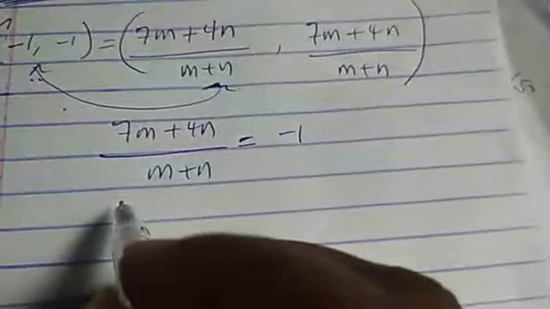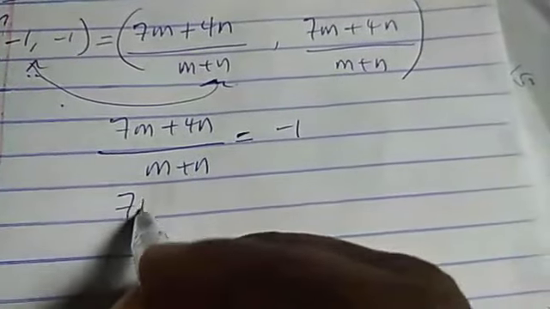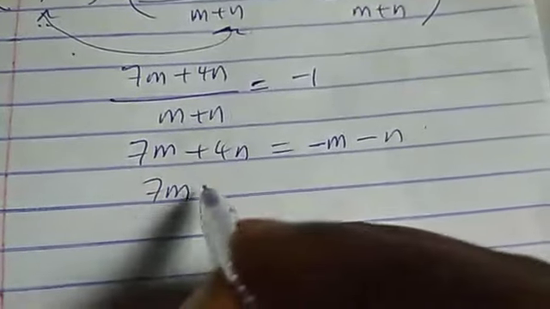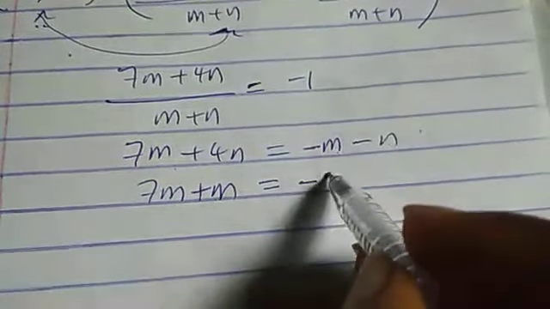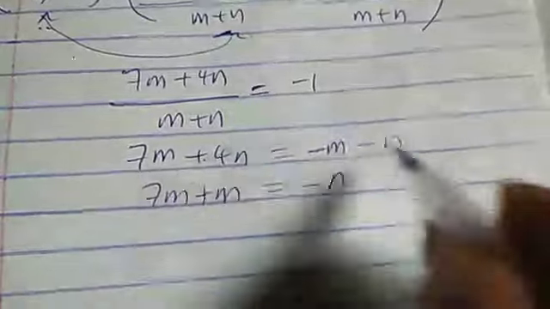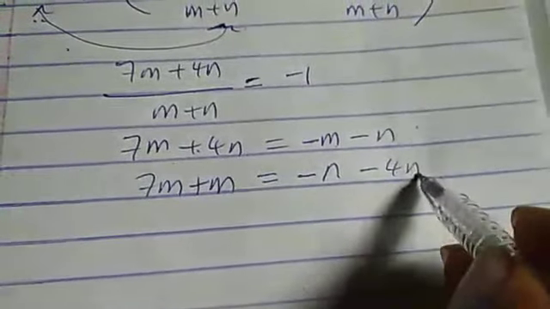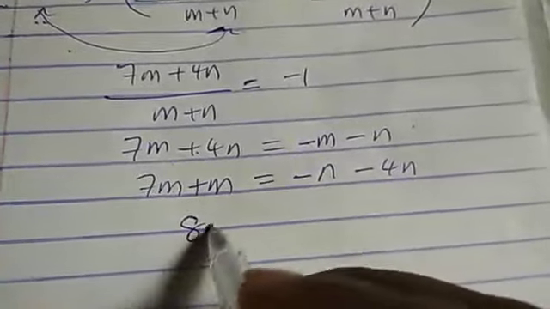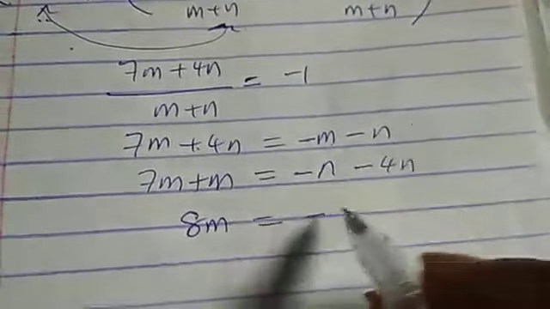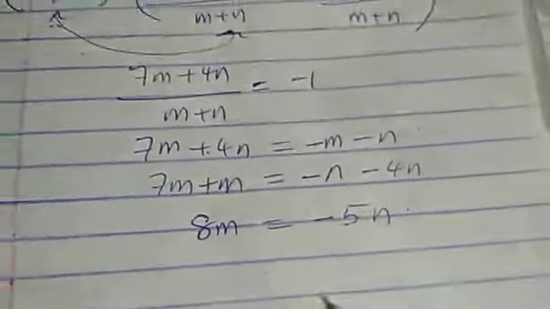Now, let's cross multiply. If you cross multiply, we are going to have 7m plus 4n equal to minus m minus n. From that place, I can say that 7m plus m, if this one comes here, will be equal to minus n. When this one comes here, minus 4n. So from that place, we are going to have 8m is equal to minus 5n.